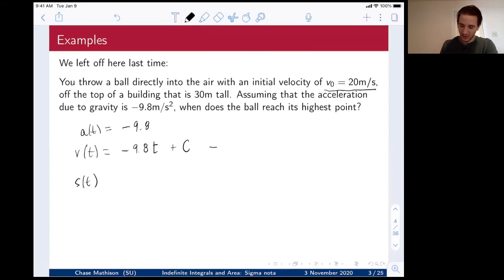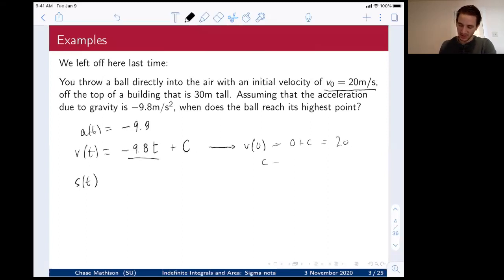Okay, so the initial velocity, I throw the ball. We'll say that this experiment starts when t is 0, so that means v of 0 is, well, when I plug in 0 into here, I'm going to get 0 plus c. And I know that v of 0 should be 20 meters per second.